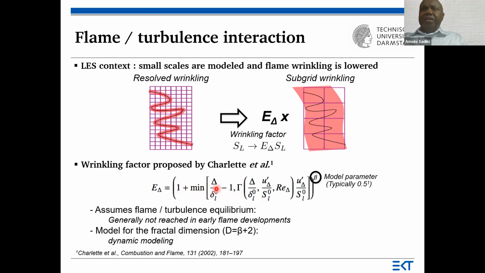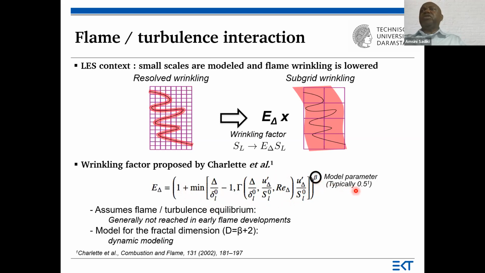We have here the flame thickness, our grid, the fluctuation on the grid size, the Reynolds number, and our flame speed, and we call this beta. It is a model parameter.